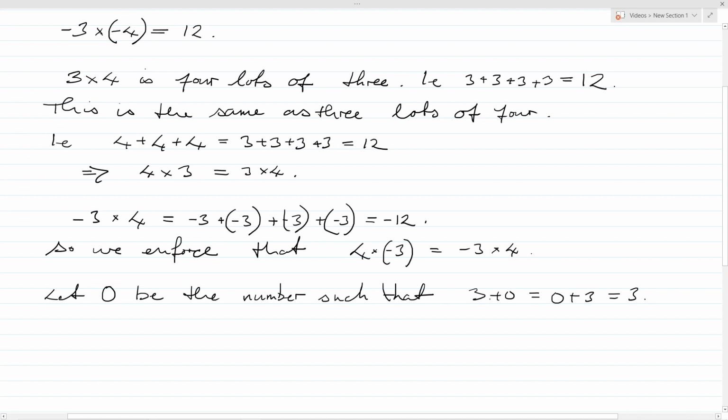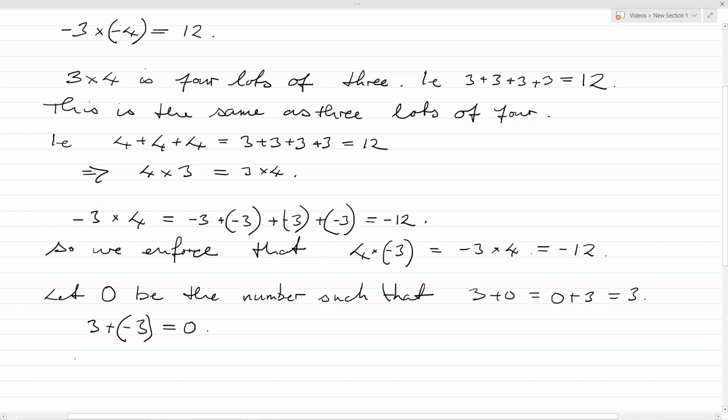So it acts as an additive identity. That's what we would say. Now, this of course is equal to -12, so that's important. Right, now this number 0 is going to be 3 plus -3. We can see that this must be equal to 0.